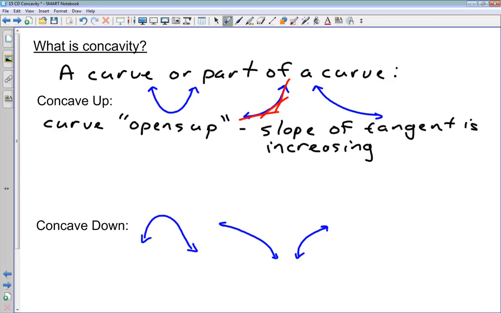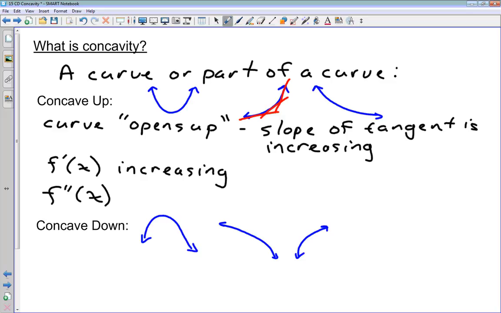Well, if the slope of the tangent is increasing, what tells us the slope of the tangent? Our first derivative. So our first derivative, f prime of x, is increasing. What tells us how our first derivative changes? Well, for any function, if we're interested in the change in that function, we look at the derivative of that function. So if we're interested in the change in the first derivative, we want to take a look at the second derivative.